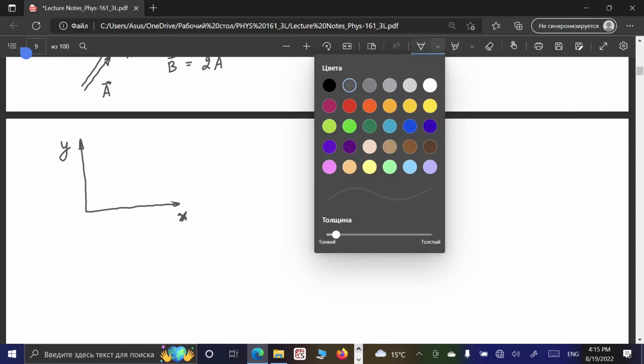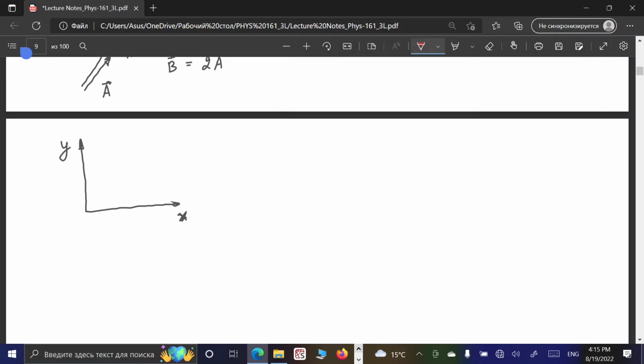So in order to introduce it, let us again consider two-dimensional system of coordinates first. Then we will go to 3. So this one is x, this one is y, and we are not enemies to ourselves. We want to define this orientation of unit vectors in that way which is convenient for us.